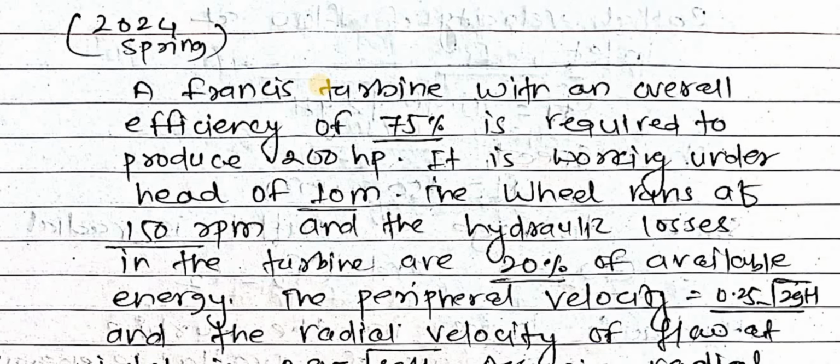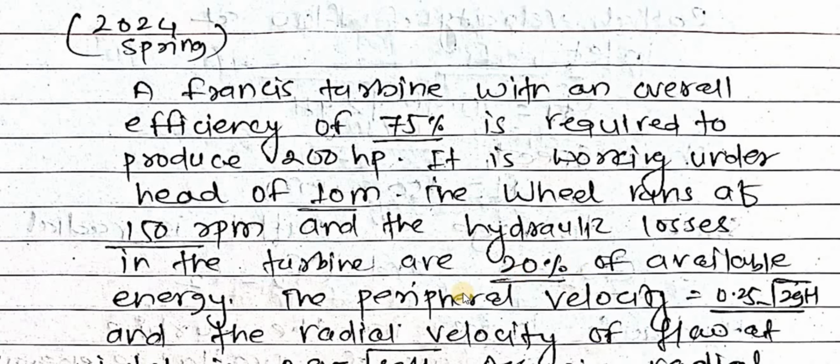This question was asked in the 2024 spring exam of Pokhara University, and the numerical problem is: a Francis turbine with an overall efficiency of 75% is required to produce 200 horsepower. It is working under a head of 10 meters. The wheel runs at 150 rpm and the hydraulic losses in the turbine are 20% of the available energy.